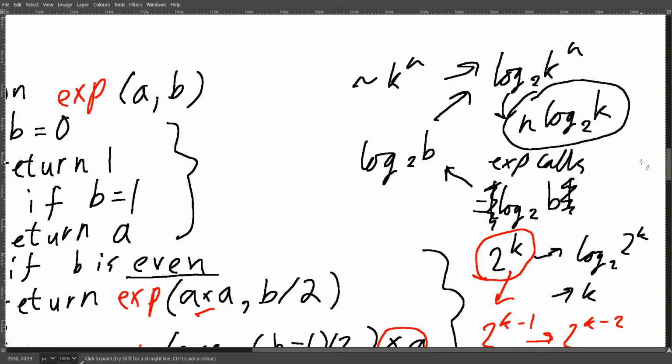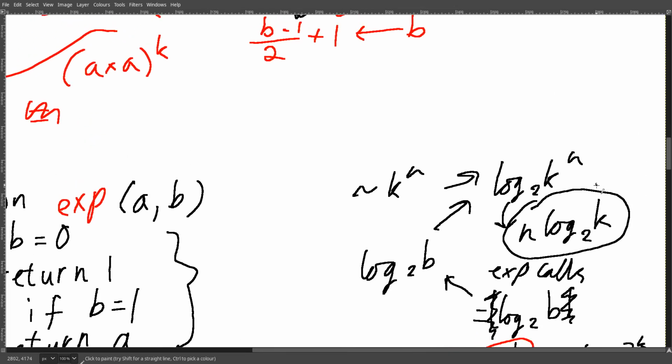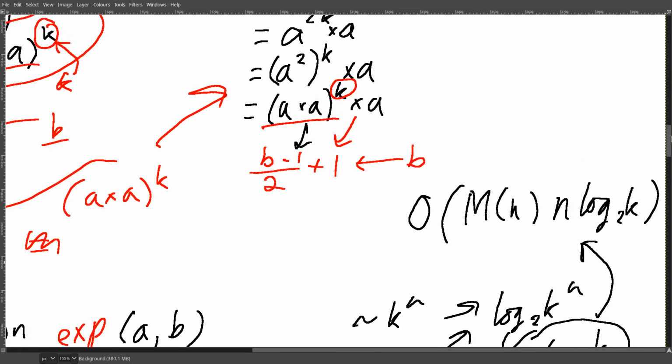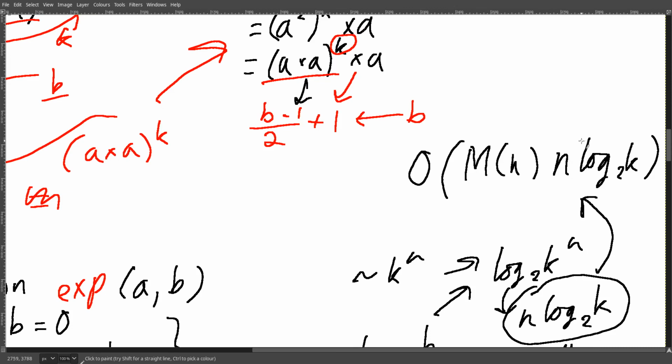So this is the same as the amount of multiplications in the worst case, and therefore the time complexity will be on the order of the time complexity of a multiplication, mn, times n times log 2 of k. And because log 2 of k is a constant, we can just ignore it, and therefore the time complexity is on the order of mn times n.